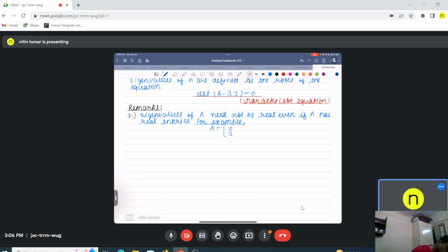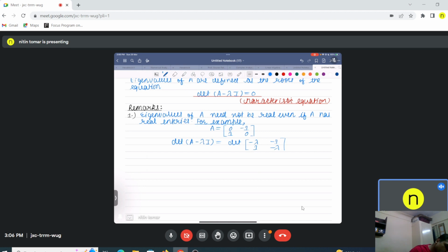then the characteristic equation, determinant of A minus lambda I, is basically the determinant of the matrix with entries minus lambda, 1, and minus 1, minus lambda.